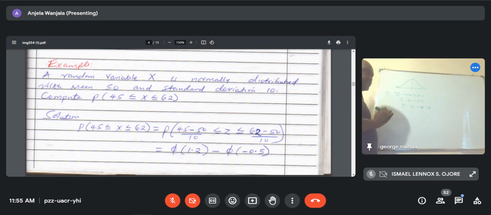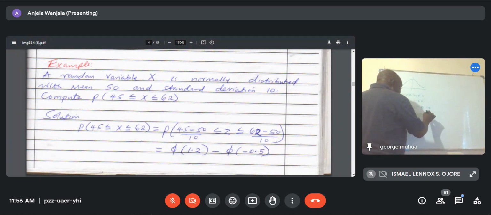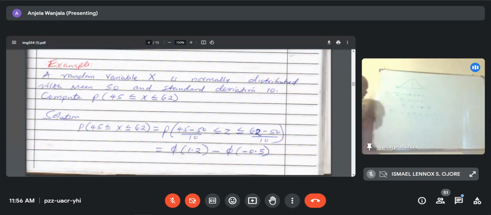The next one, before we go to standardization, is suppose I'm looking for the probability of 1.21 less or equal to Z less or equal to 2.11. Let's illustrate this before we go to the standardized values.